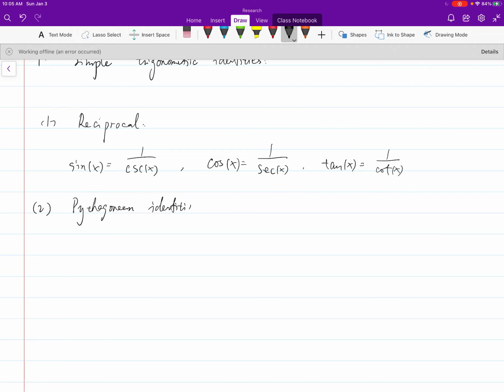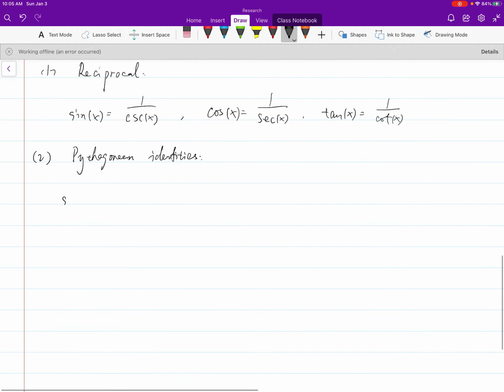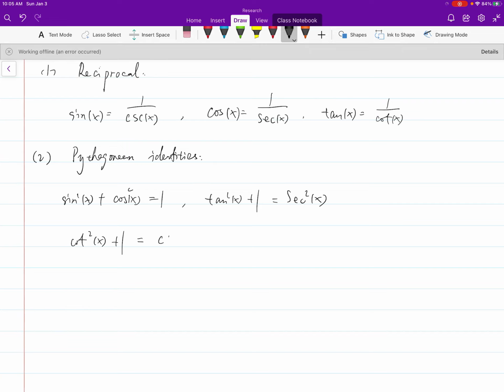The second one is, of course, the Pythagorean. We again have 3. They are sine squared plus cosine squared, which is probably the most important one, and tangent squared and secant squared, that's probably the second most popular one.